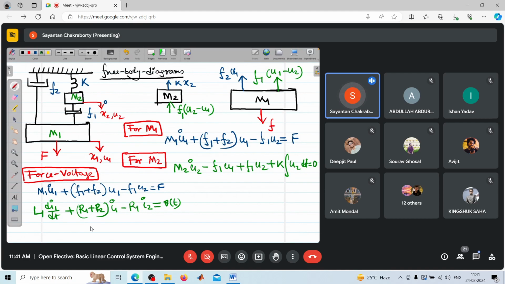right? Similarly, the second equation, that is M2 u2 dot minus f1 u1 plus f1 u2, I'm just replacing the corresponding variables with the electrical equivalent.